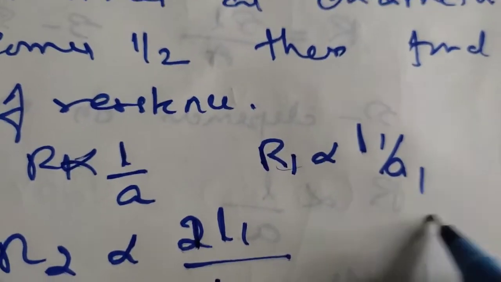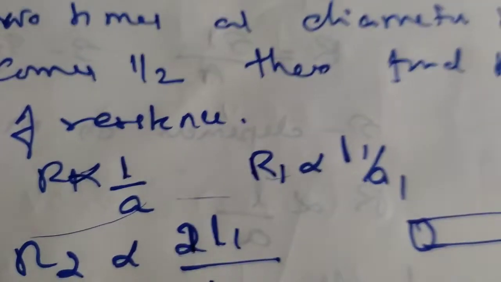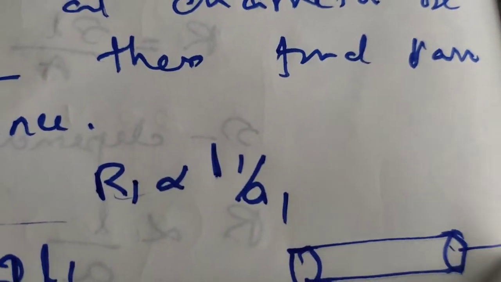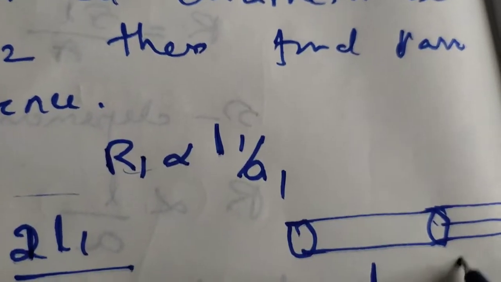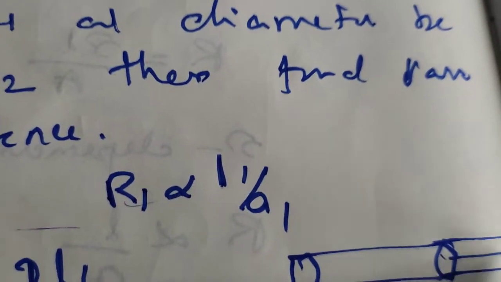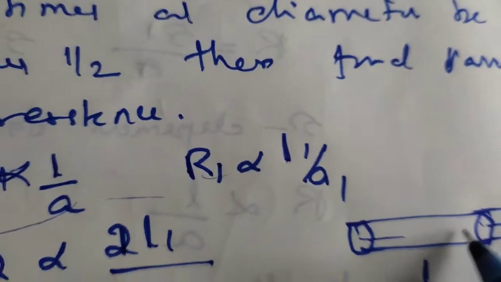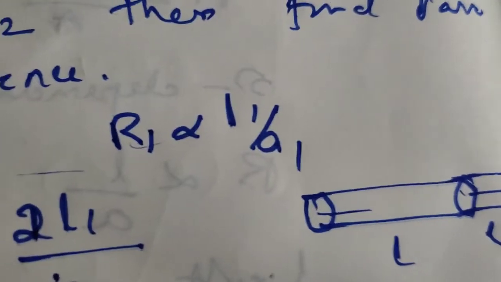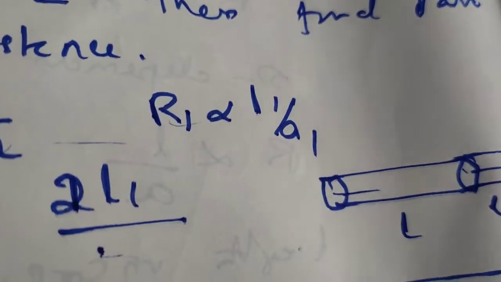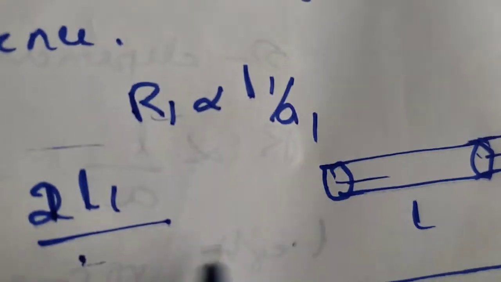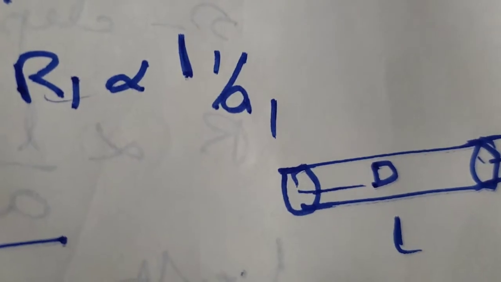So for the wire, when extended 2 times, length is 2L, and the diameter is becoming half, so if it is D, it will become D by 2.